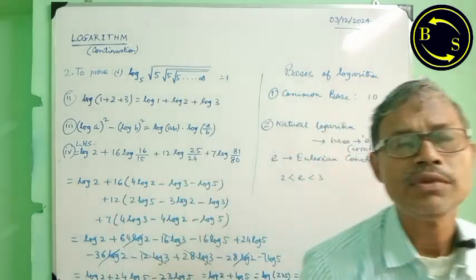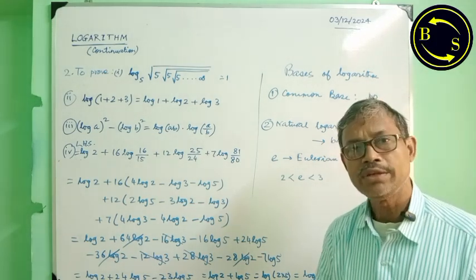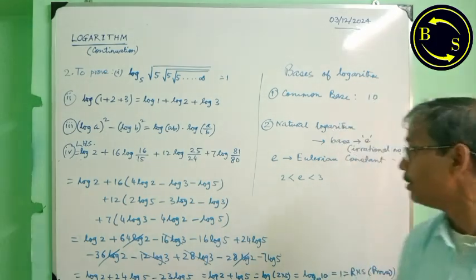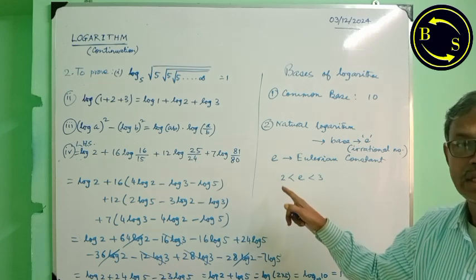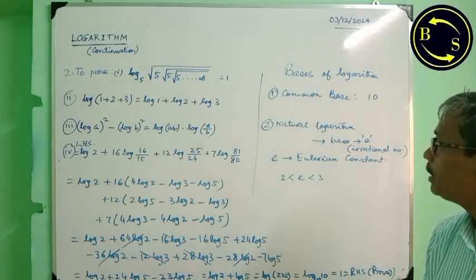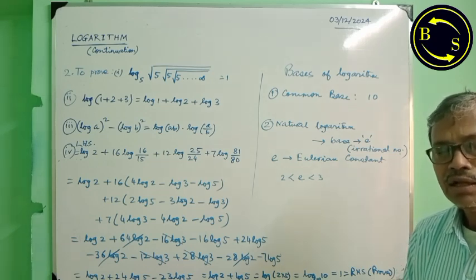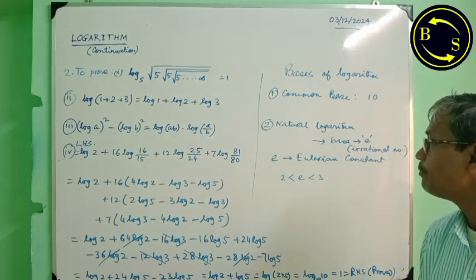Generally, in case of calculus, derivative, integration, etc., the base of the logarithm will be e, and if the base is different from e, then we have to change the base using the base changing formula.